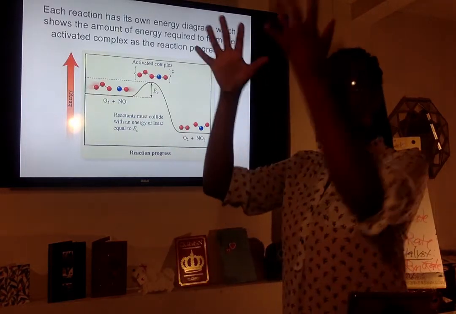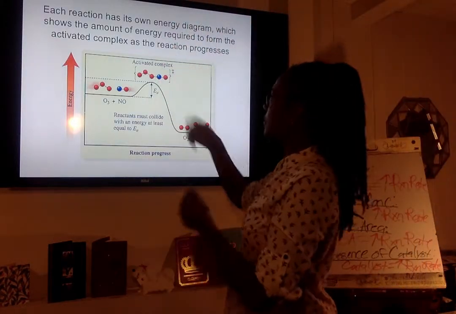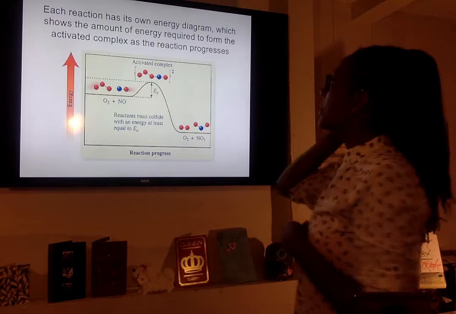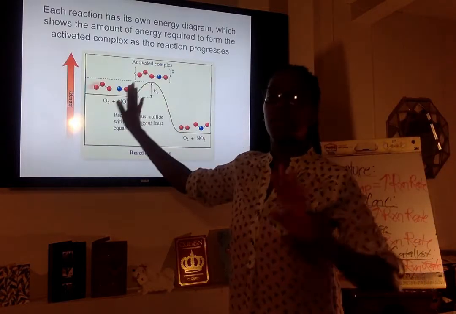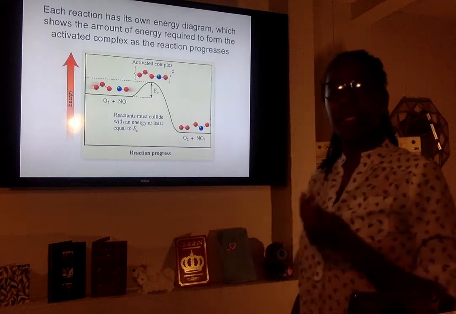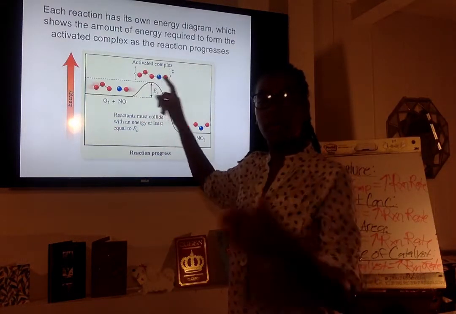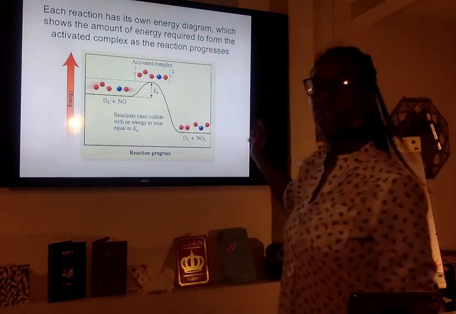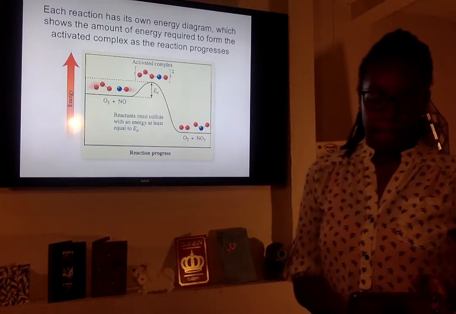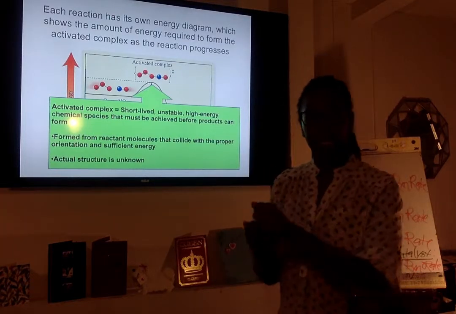We finally had enough energy for them to be together so that they can finish this reaction. Every single reaction that we have will have an energy diagram like this, because there's a certain amount of energy that needs to be overcome in order for the reaction to take place. Okay, and this is just more into that.